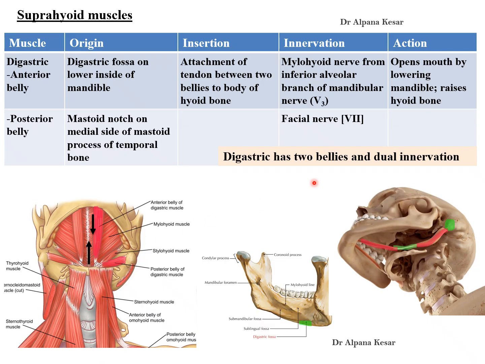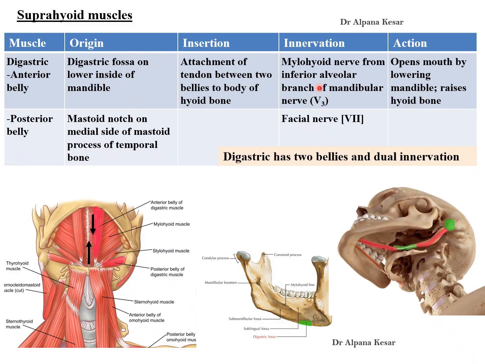Digastric muscle has dual innervation. That is, anterior and posterior bellies are supplied by different nerves. Anterior belly of digastric is supplied by mylohyoid nerve.